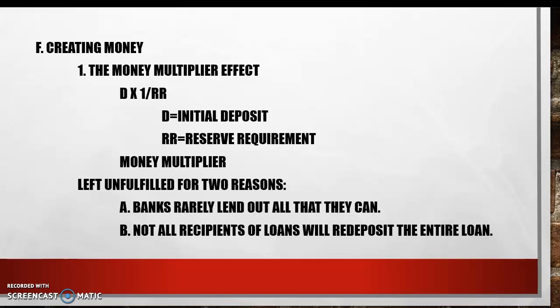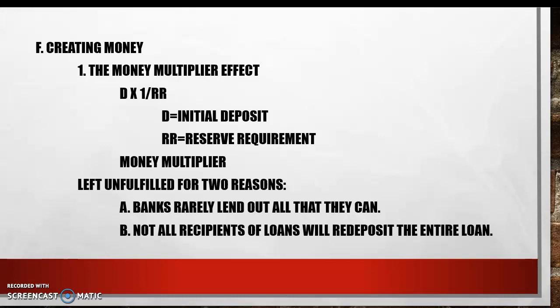For example, given that the average reserve requirement in the U.S. today is about 6%, the multiplier should be about 16, 1 divided by 0.06, times the original deposit. Yet, because people choose to hold currency, and because banks do not lend all that they could, the real multiplier is approximately 2.9 times the initial deposit, much smaller than the potential amount.